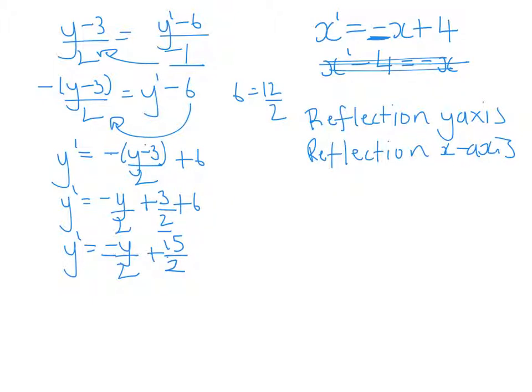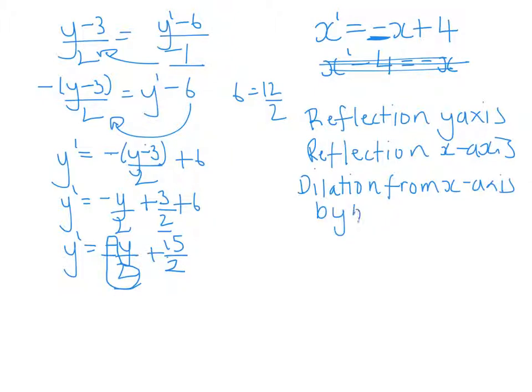Then, this value of y is over 2, so I could say a dilation from the x-axis by 1/2, because if we put the y values over 2, they'll be half what they used to be.